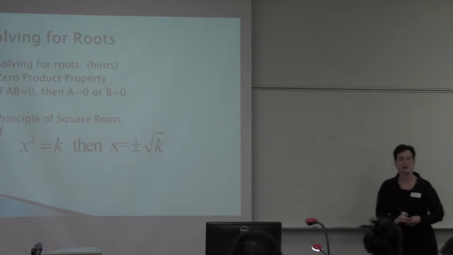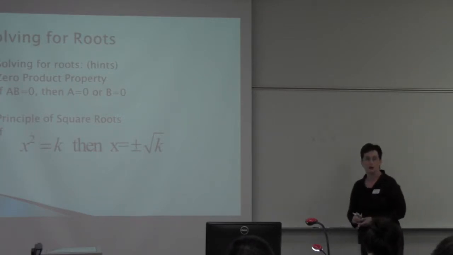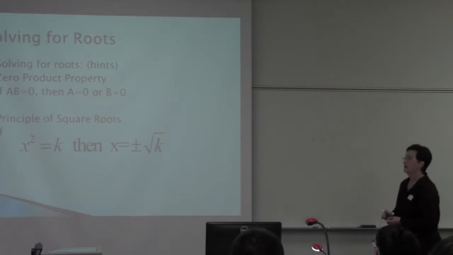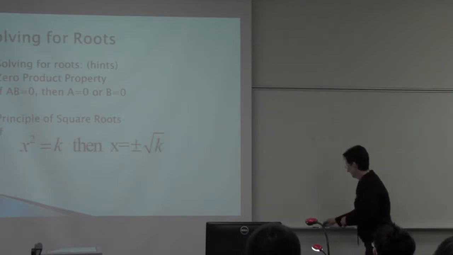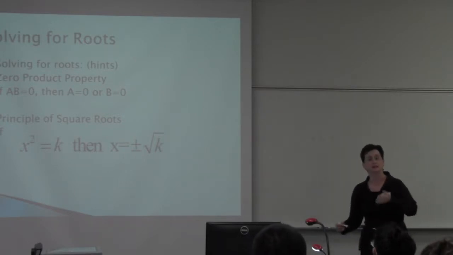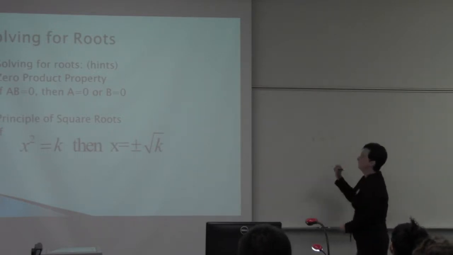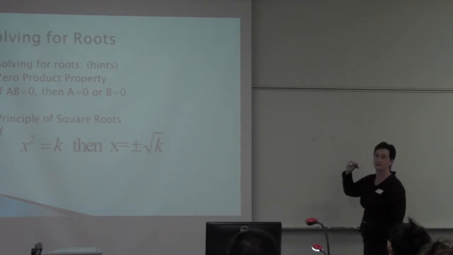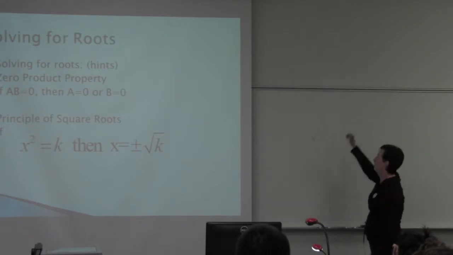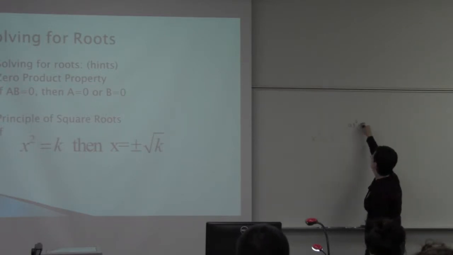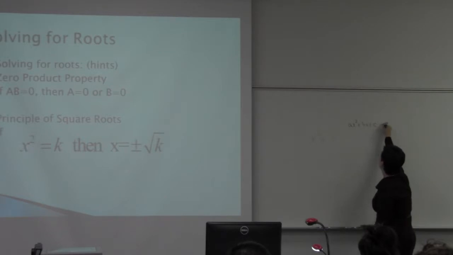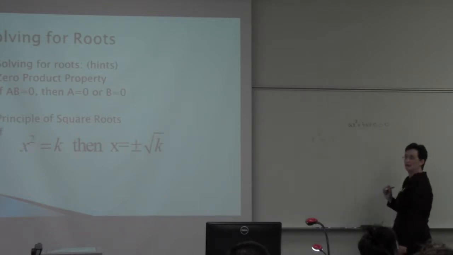All right, let's start with x squared equals 4. If x squared equals 4, then the way that we did this before is by factoring. So when you solve by factoring, you first have to put it in standard form, ax squared plus bx plus c equals 0.